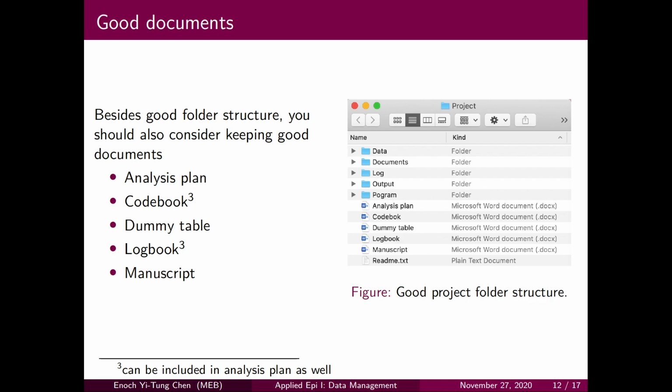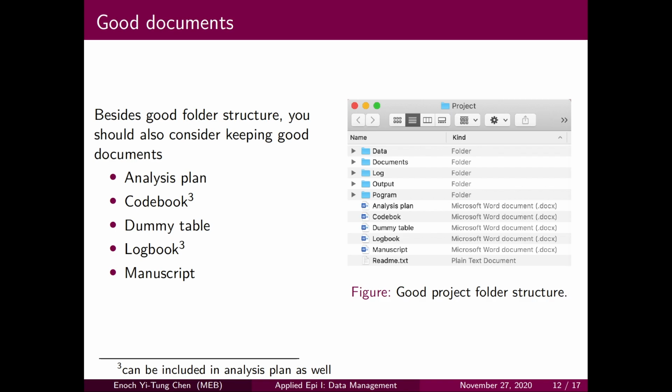A codebook should illustrate what the variables in the data sets are, the names of the variables, the types of them, whether they are numeric, or factor, or character. If you are using more than one dataset, you need codebooks for each and every single dataset.